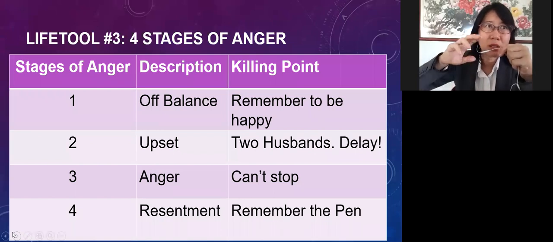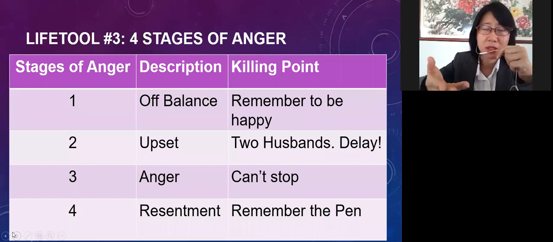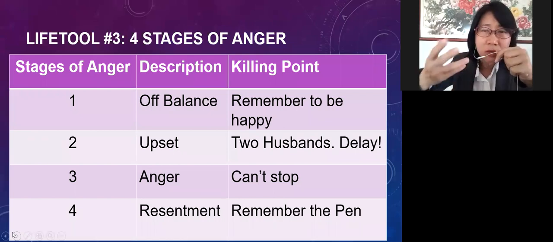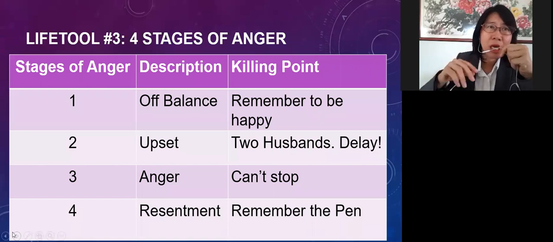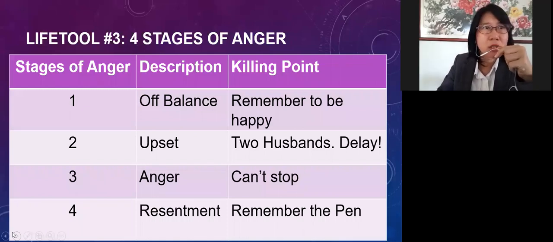The stages of anger develop into upset. And then if there is a trigger, we quickly go into stage number 3, that is anger. That's how the anger develops. And if we are angry, we think that's all, but actually it's not. If we don't do anything, we actually go into stage 4, that is resentment.